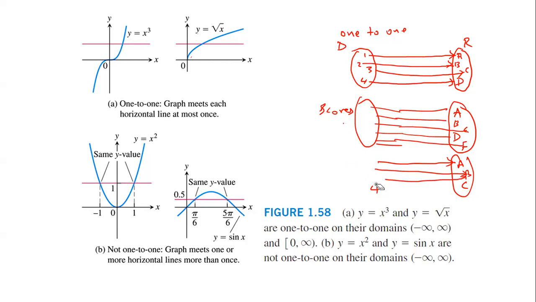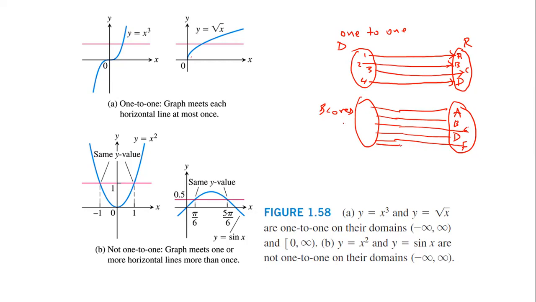Hector, can you explain the second one again? Why it is not one-to-one? Which one? The second one. This one? Yes. Okay. Now, how many letter grades do we have? 4, A, B, C, D, and F, right? 5.